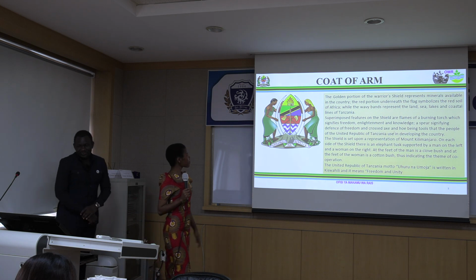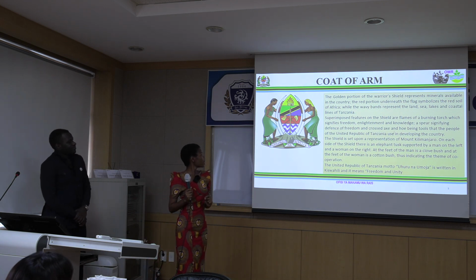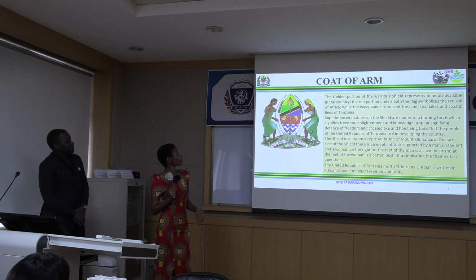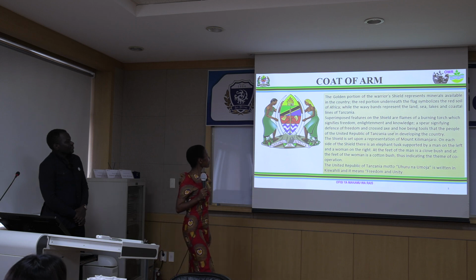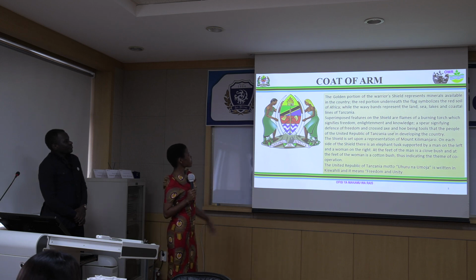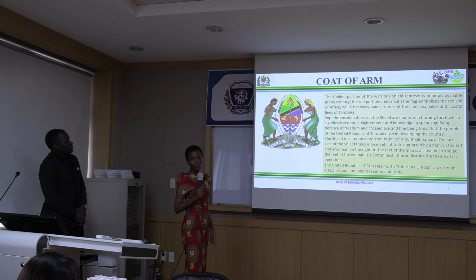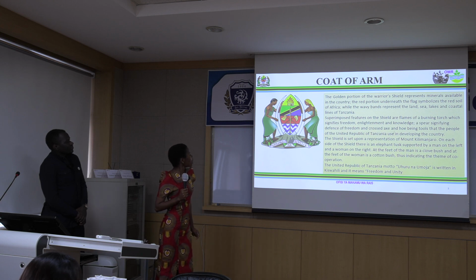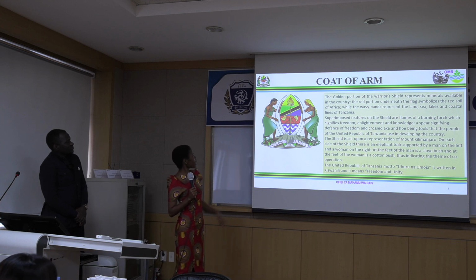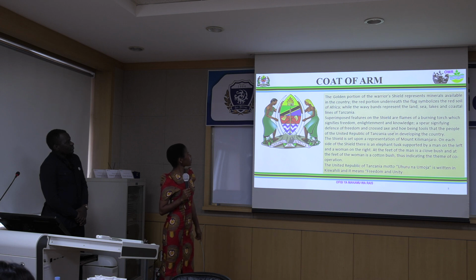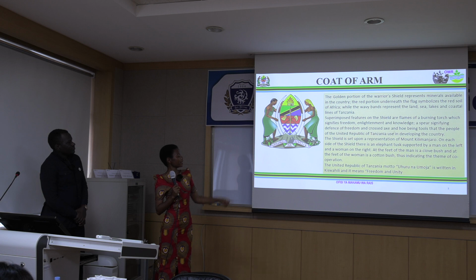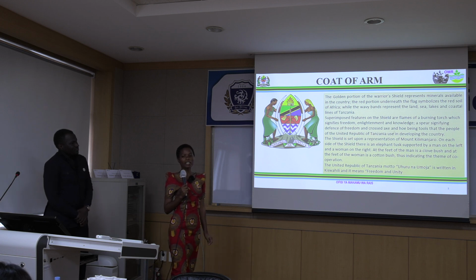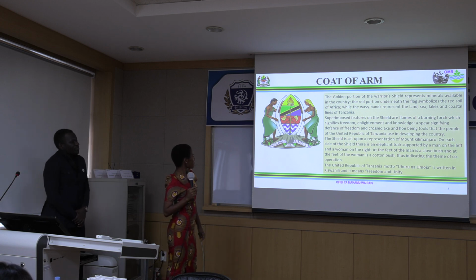Another national symbol is the coat of arms. It is another national symbol for our country. As I have already explained the representation of the national flag, the yellow color I've already presented. As you can see, the woman and man represent the theme of cooperation in Tanzania.